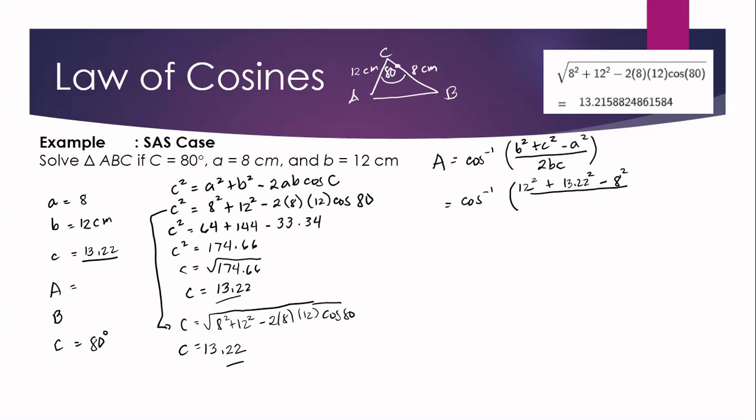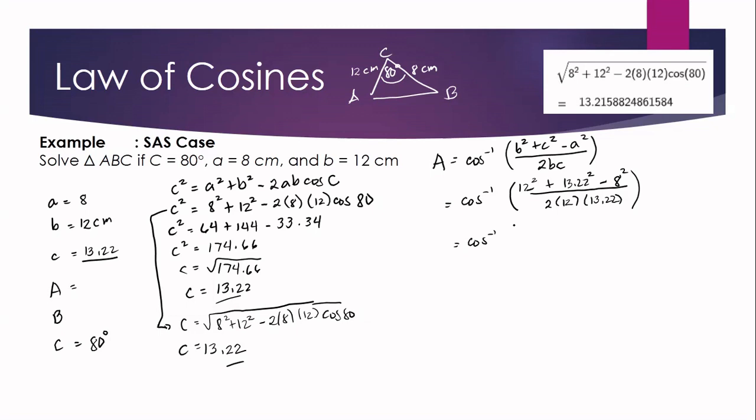All over, you are going to multiply everything here: 2 times our B again is 12 and then our C is 13.22. You can simplify. Let us simplify. Simplify natin lahat.